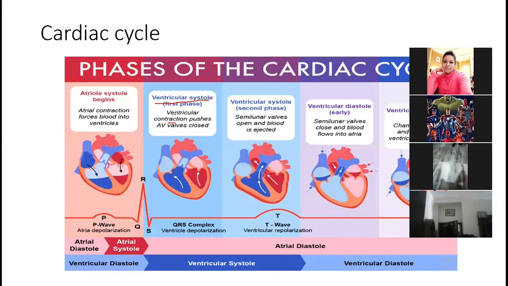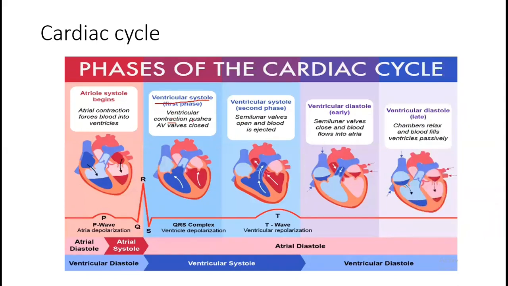This ventricular systole is continuing. See here, ventricular contraction pushes the AV valve closed. As I told you, the upper valves get closed and the lower valves, the semilunar valves, get open to eject the blood. Okay. The next phase is ventricular diastole.